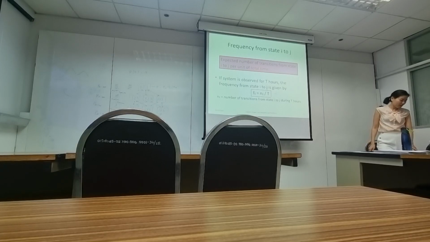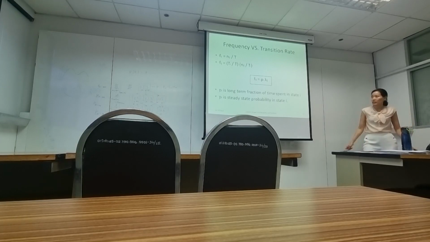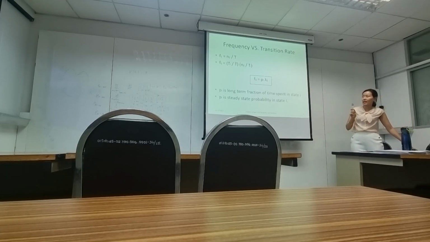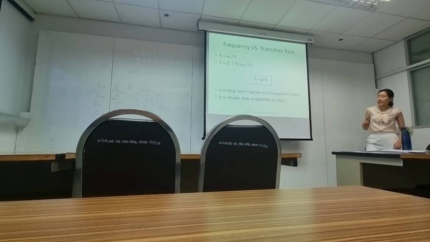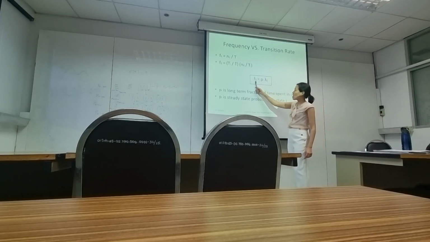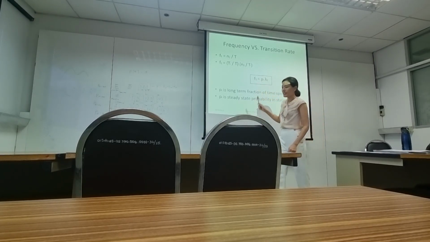Then you have the frequency. Okay, the frequency. Okay, I think you've got the idea how you can calculate the frequency, which is the multiplication of the probability and the transition rate. Okay. In this case, frequency again. The frequency talks about from state i to state j.